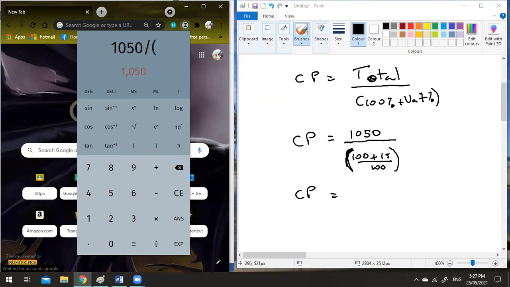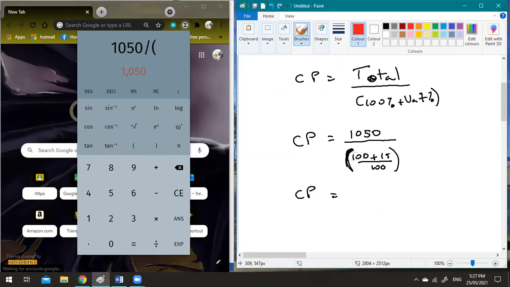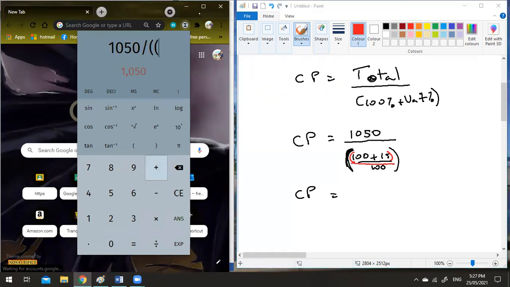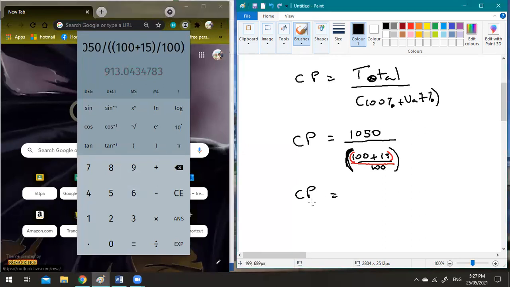Now we're going to open that bracket. This is the first bracket here. And we know that this top part has to be in a bracket by itself, so we add a bracket for it, which is 100, add 15%, close off the top part, and then put the division sign, 100, and then close the bracket, and equal.